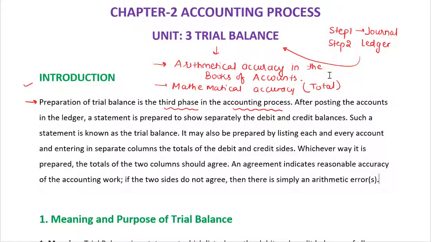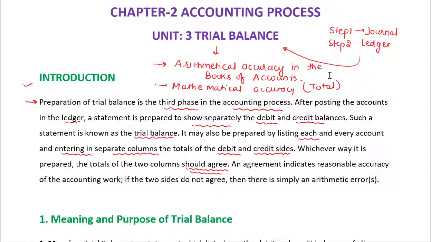Let's continue. Preparation of trial balance is the third phase in the accounting process. After posting the accounts in the ledger, a statement is prepared to show what? Debit balances as well as credit balances of several accounts, such statement is known as statement of trial balance. It may also be prepared by listing each and every account and entering in separate columns the total of debit side as well as credit side. Whichever way it is prepared, the total of two columns should agree.